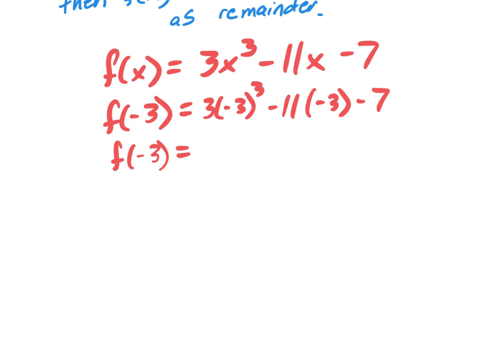What do we get? Negative 55. Okay, everybody agree with that? Okay, so that's one way to evaluate a function, and it's fairly easy, and there's nothing wrong with doing it that way, but I'm going to show you another way to do it using synthetic division.